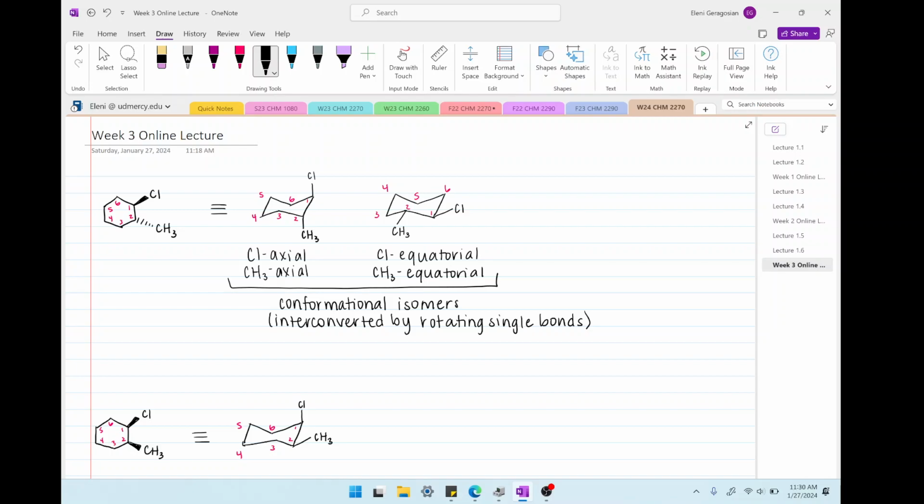So both of these structures are valid chair conformations. But they have different energies. One of these is more stable than the other.